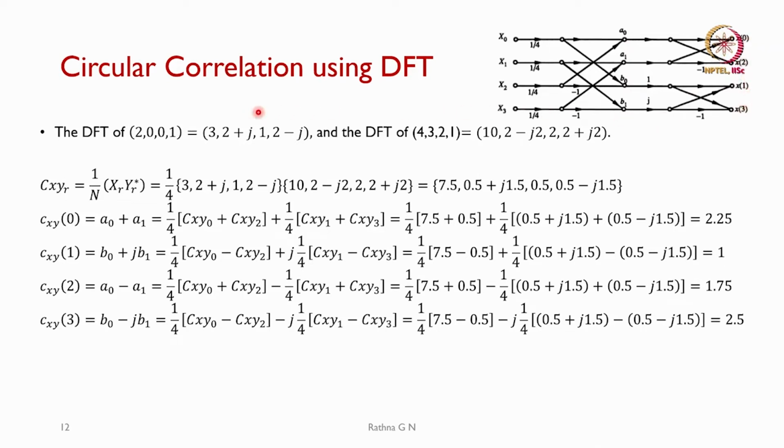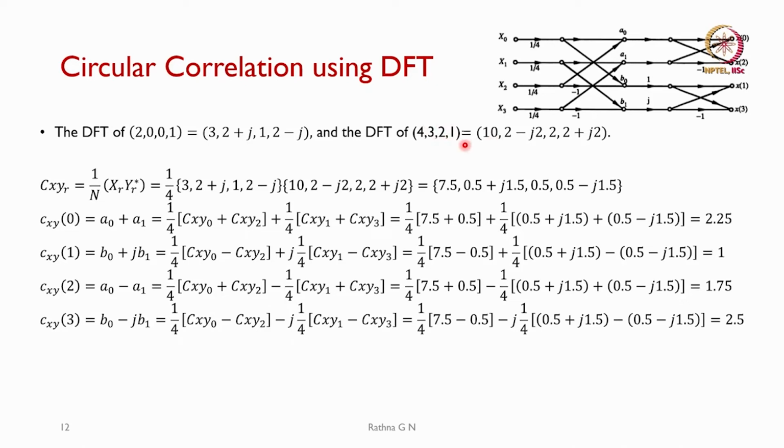We have calculated the DFT of 2, 0, 0, 1 in the previous class, which gave us 2 plus j, 1, 2 minus j as the DFT of this sequence. I think we have not calculated the DFT of h of n. You can calculate it in the same way using DIT FFT, that is decimation in time fast Fourier transform butterfly structure, and compute the DFT of 4, 3, 2, 1.